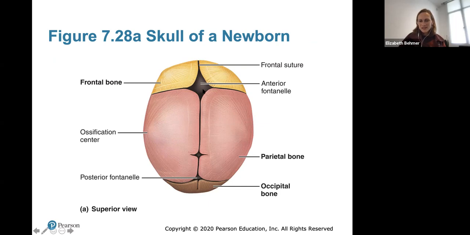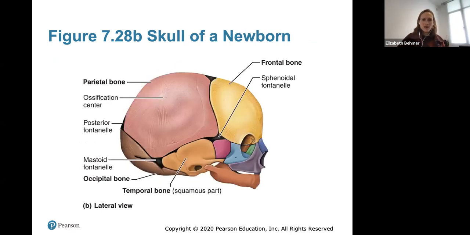The anterior fontanelle is at the top, before your frontal bones ossify with the parietal bones, and you have a posterior fontanelle in the back. So this is why you never want to drop a baby on their skull within the 1st year, until these fontanelles have fused together and the skull of the baby has completely fused together with those sutures. So here is a look at where other fontanelles are located, or soft spots in the skull of a newborn.